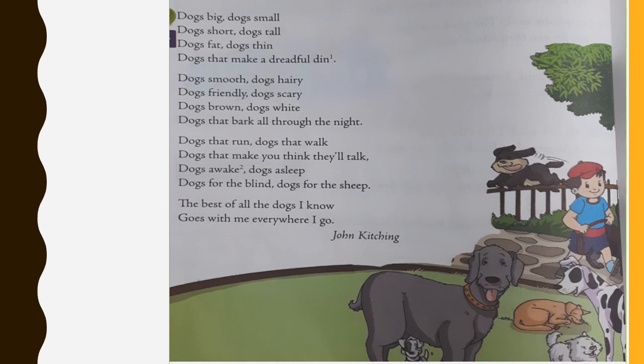But there are some dogs that make a very loud noise. Some that run, others that walk, and some that bark in such a way that they make you believe they can actually talk.